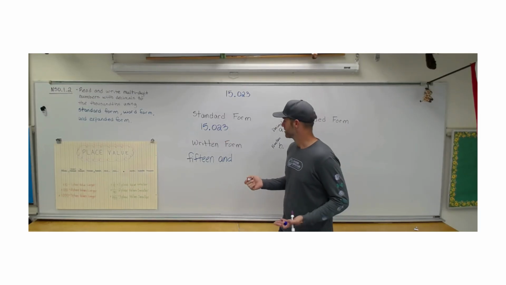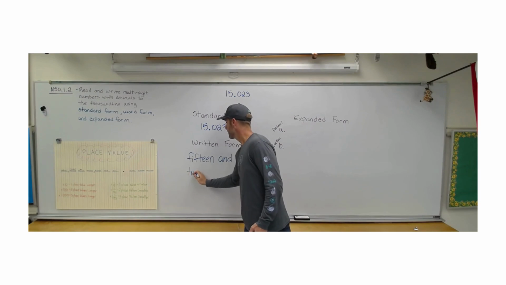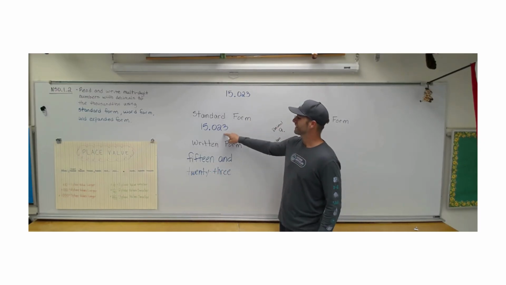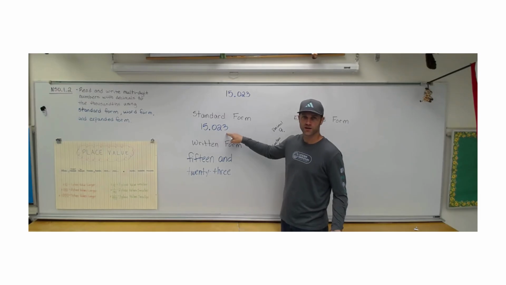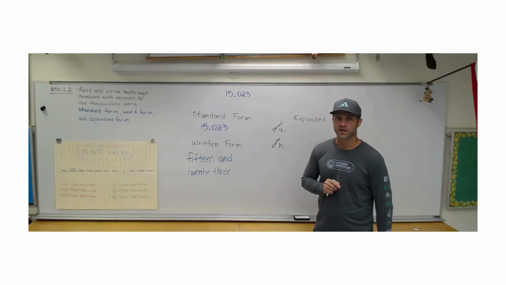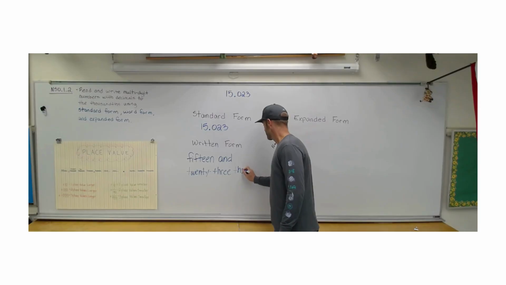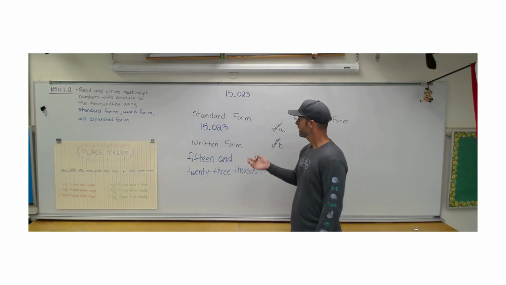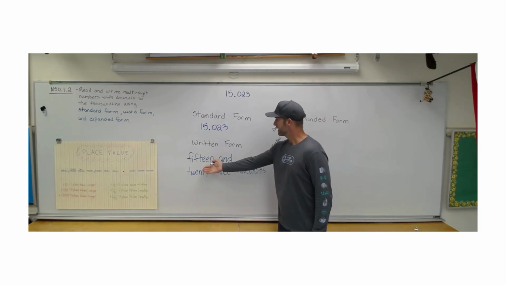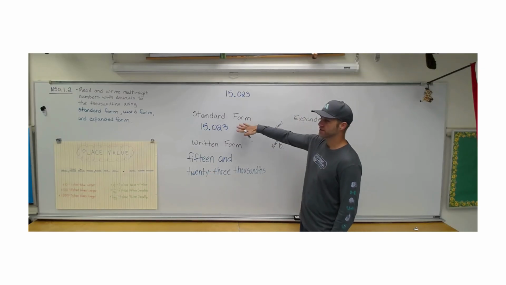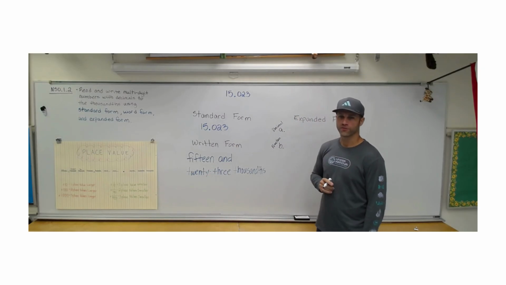That number says 23. So I have 15 and I have 23. And finally, we just look at that last place value spot right here. And that 3 is located in the thousandths place. So I write thousandths. So when we write it out, we say 15 and 23 thousandths. So we have standard form and we have written form.